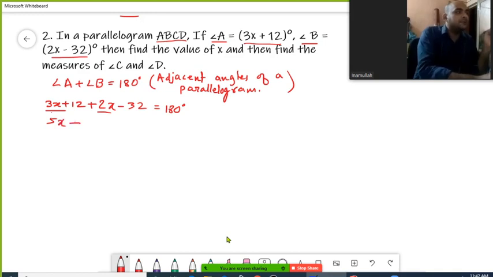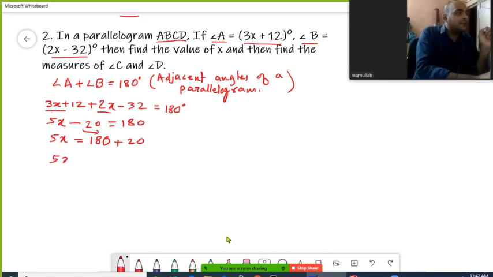Plus minus minus, we will take sign of greater number. So when you subtract 12 from 32, you will left with 20 is equals to 180 degree. Keeping 5x on its place, 180 on its place, I can transpose this negative 20 to the right hand side and it will become positive 20.